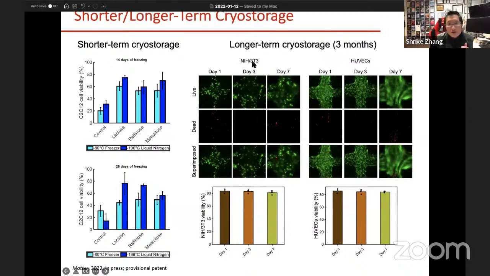And even if you preserve them for 3 months in liquid nitrogen, and you revive the cells, cross-link and then start to culture them, the cells are also maintaining pretty high viability for both the fibroblasts and also the primary cells, right? So that's indicating that this cryobioprinting method is very effective for both shorter-term and longer-term storage without lowering the viability of the cells that are being printed and stored.